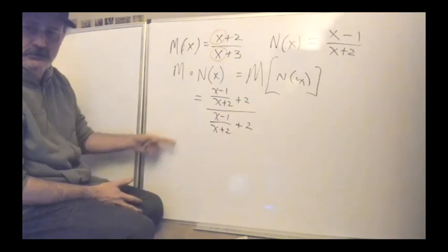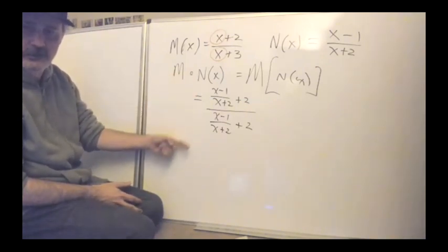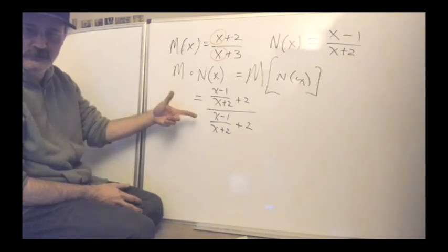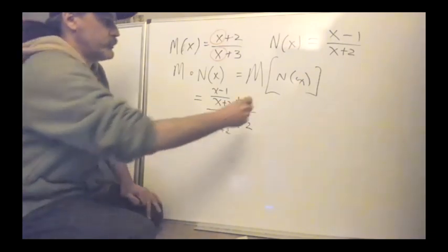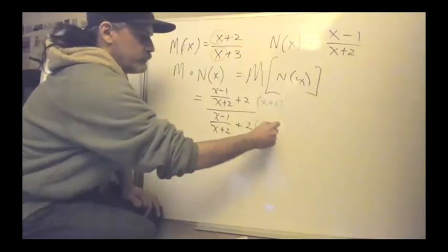In this case, we want to get rid of these complex denominators. Right? That's kind of complicated, although that is true. So I'm going to multiply top and bottom by X plus 2 and then simplify.